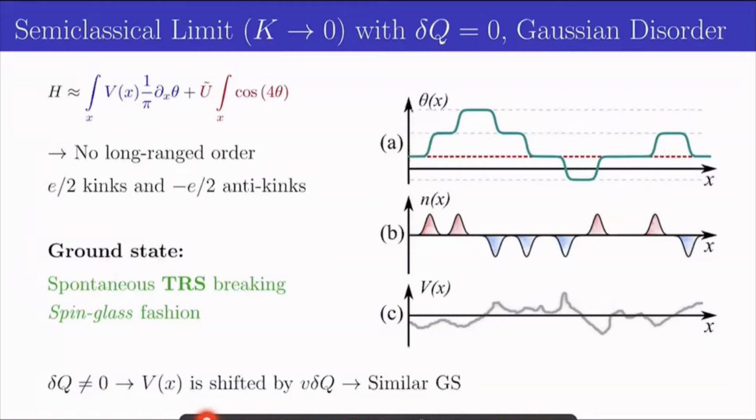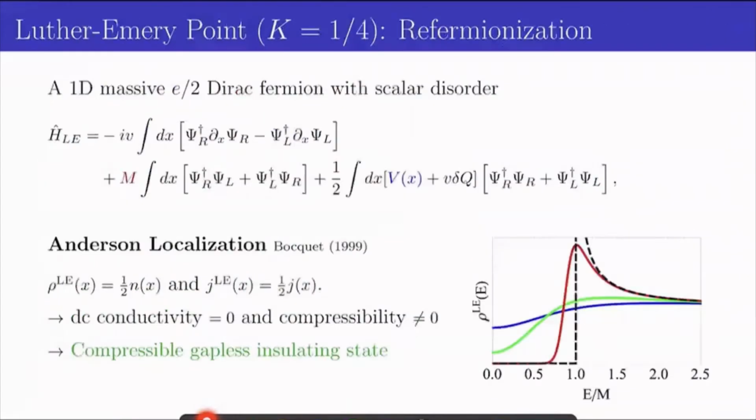Here I performed the analysis for a commensuration condition, but this can be generalized to more generic situations. Another place we can make progress is at the Luther-Emery point, which corresponds to K equals 1/4.